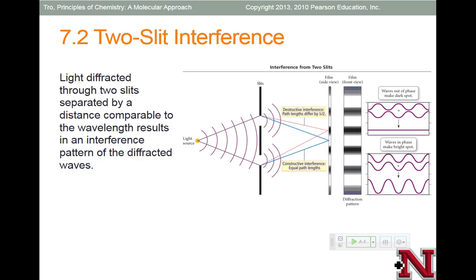So we can actually take a picture of a diffraction pattern, which represents waves. The dark spots are waves out of phase that are having destructive interference, and waves that are having constructive interference give us the brighter spots, because that's bigger, so it's brighter.